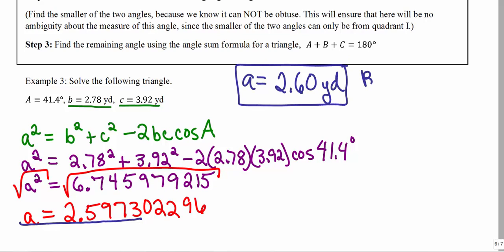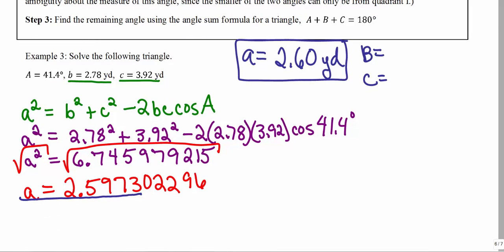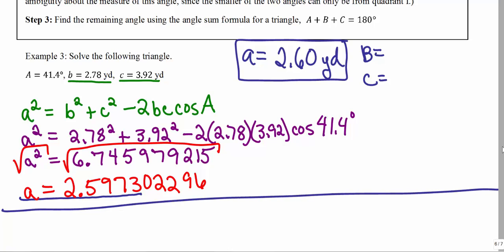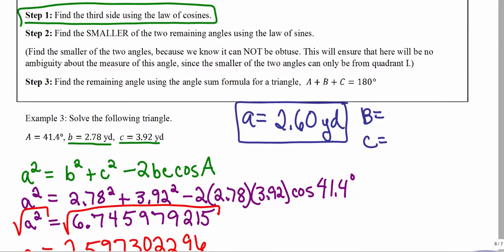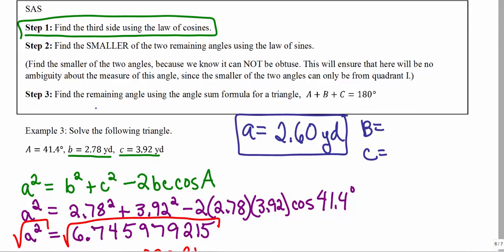So we know side A. We still need to figure out what is angle B and what is angle C. Now, the strategy for the next part here is to avoid any ambiguity. We're going to use the law of sines to find one of those two angles, either angle B or angle C. The strategy here is to find the smaller of the two remaining angles.